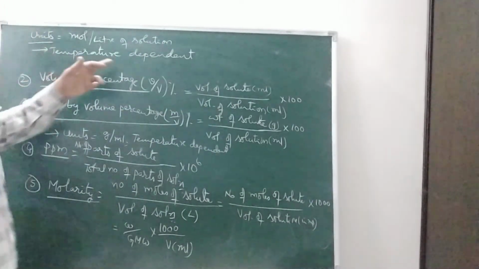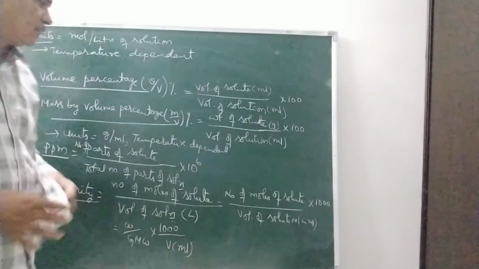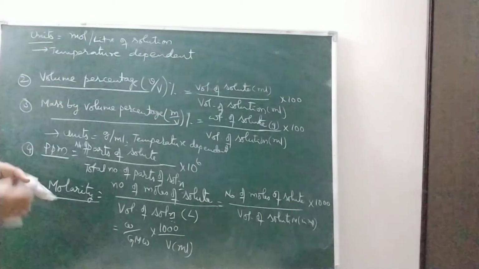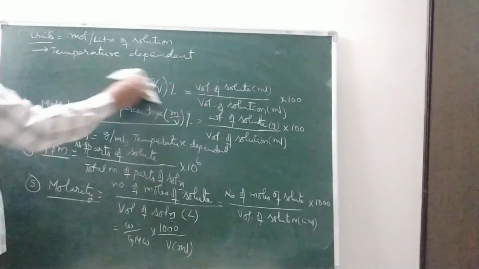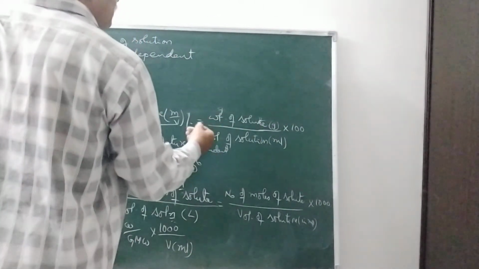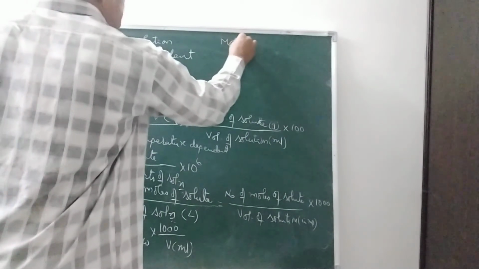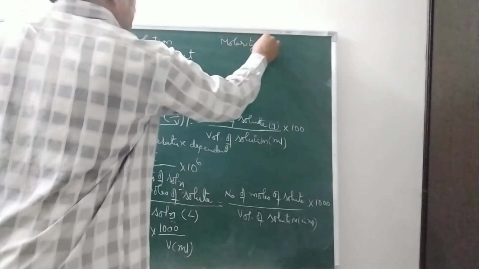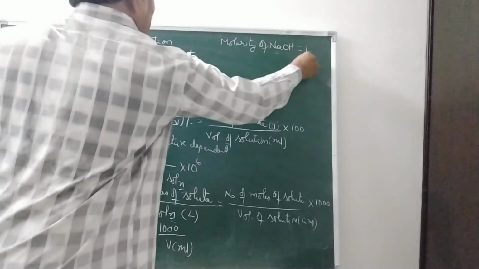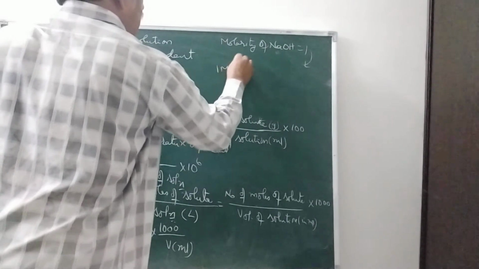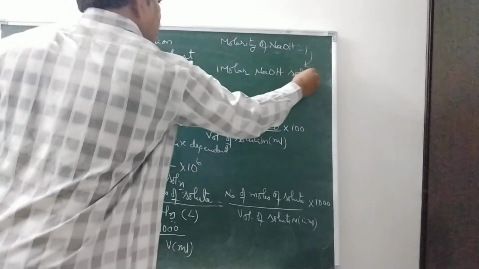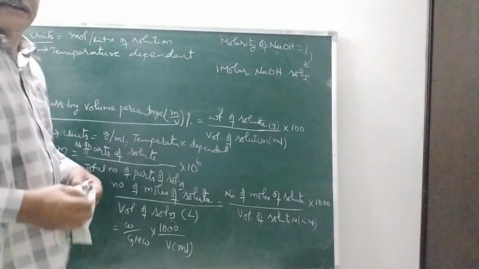As it is temperature dependent, we must include the temperature in the definition, at a given temperature, that should be mentioned. So this is molarity, and if molarity is 1 for a solution, say molarity of NaOH is equal to 1, then we call it a 1 molar NaOH solution. Molar, M-O-L-A-R.